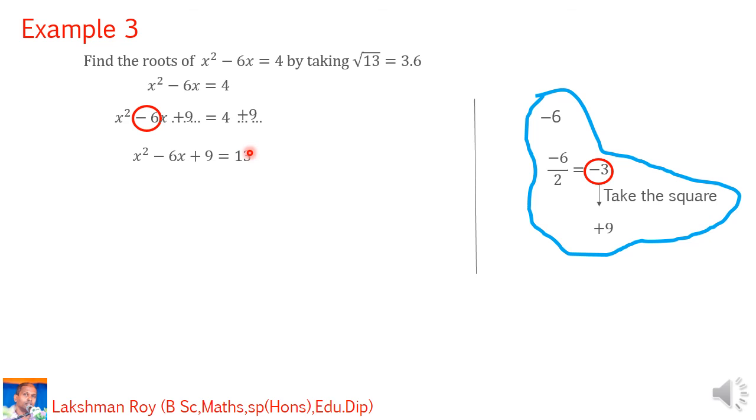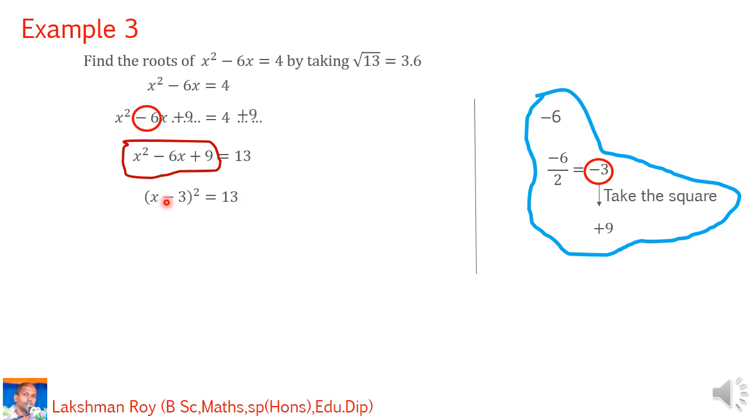Right, now the left hand side can be written as a perfect square. How? X square, there to get 9, it should be 3. But what 3? Negative 3. Right, what is the perfect square? X minus 3 square. Right, you can check by expanding. Right hand side 13. Now what happens? Take the square root.